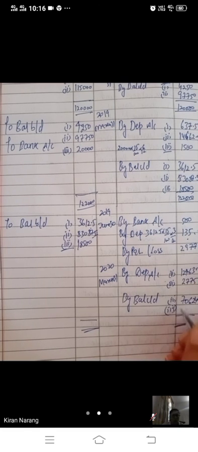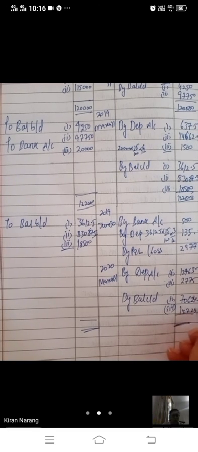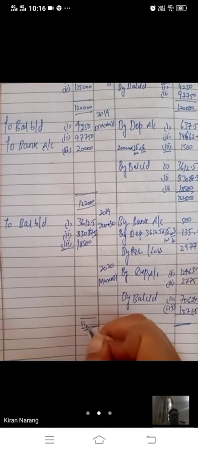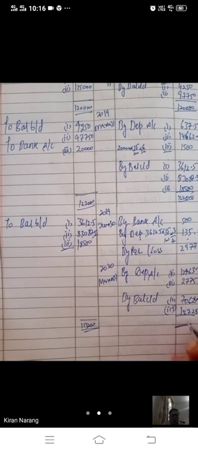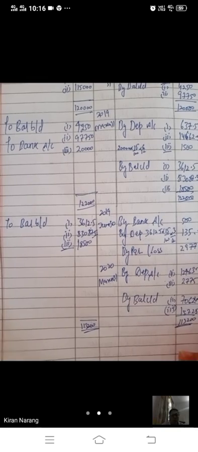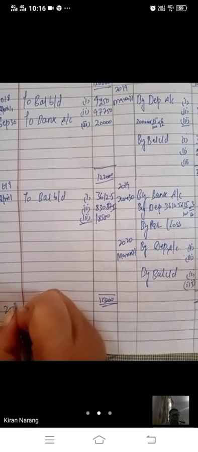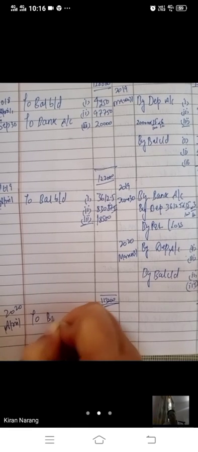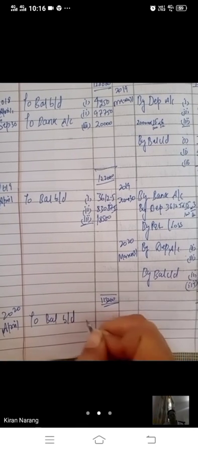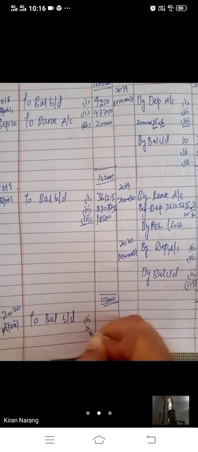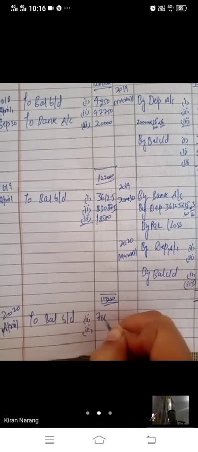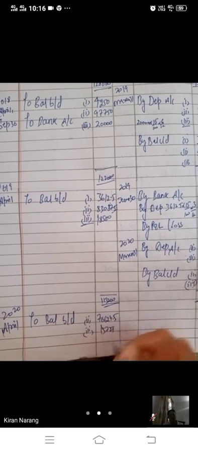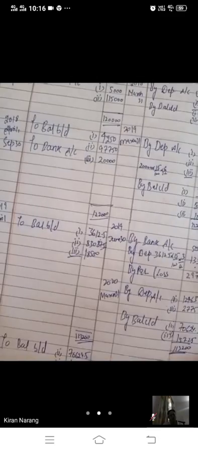It will be 15725. This is the total of third year. You will leave the question by writing the balance BD. April 1, 2 balance brought down. Second machine and third machine. 70624.5 and 15725. This was your question number 16.